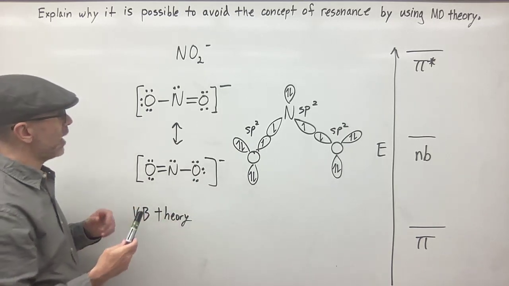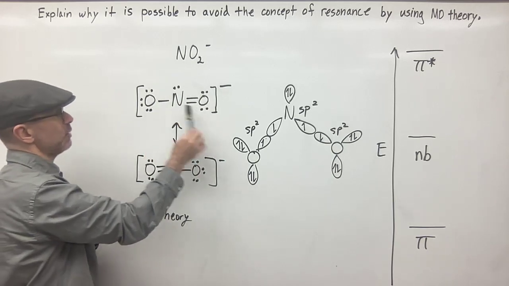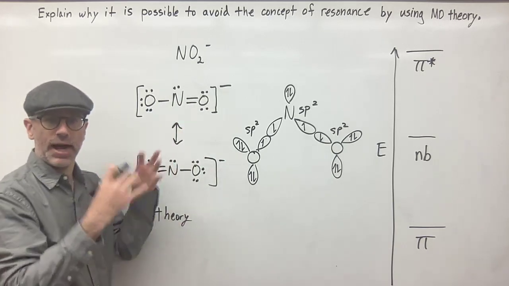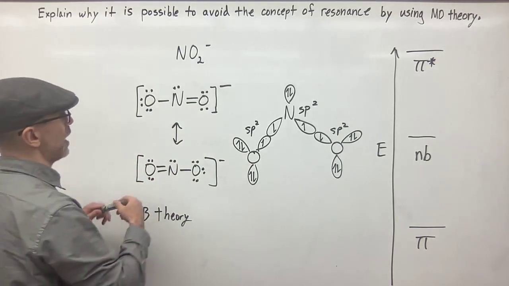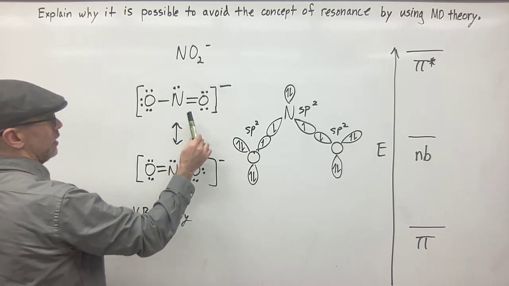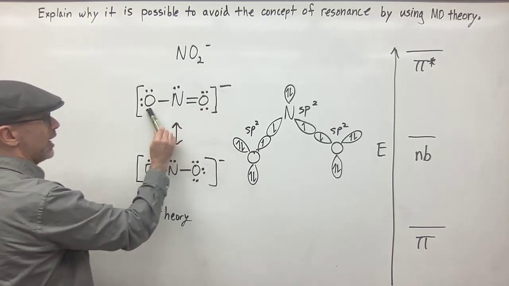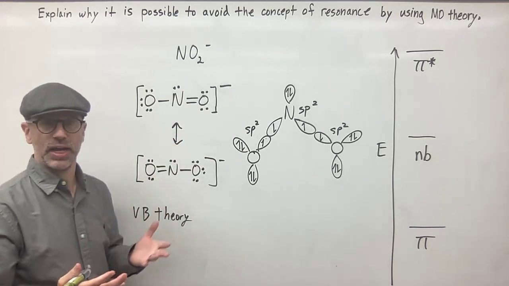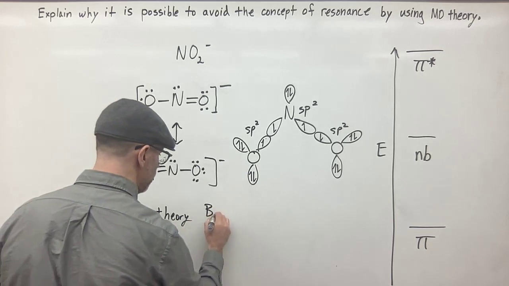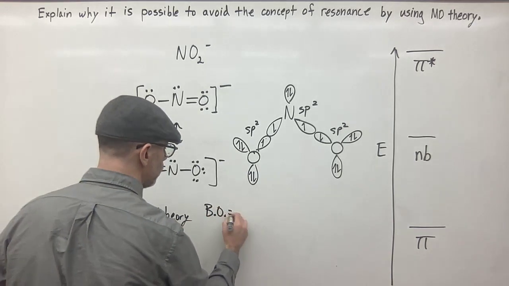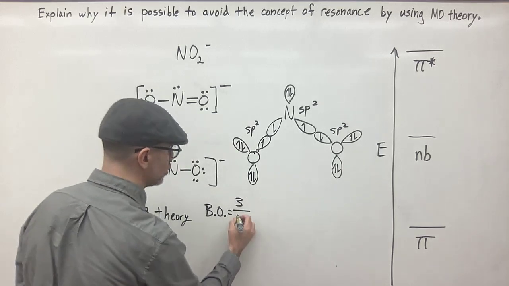And then you could figure out what the bond order is by taking the number of bonds and dividing by the number of atoms that are bonded to the central atom. So you would say, okay, you've got 3 bonds, but you've got 2 atoms that are sharing those bonds. So you take the 3 bonds and divide that by the 2 atoms.